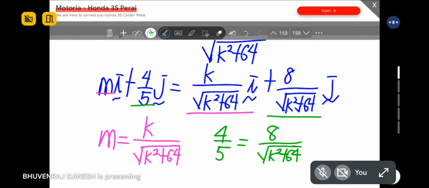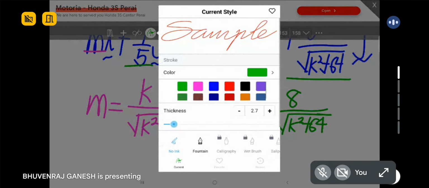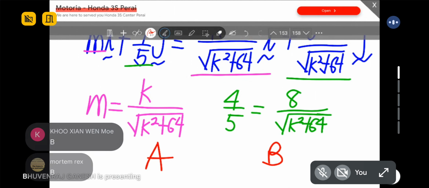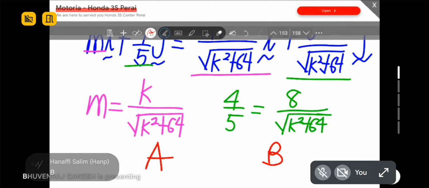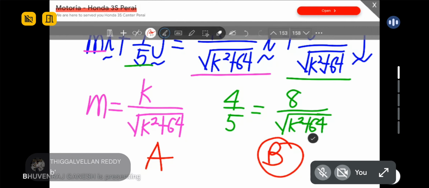Okay, guys. If you are the person sitting for the exam, will you start to solve A or B? Which one will you solve first? Common sense, guys. A or B? Yes. The answer is B. Why B, guys?